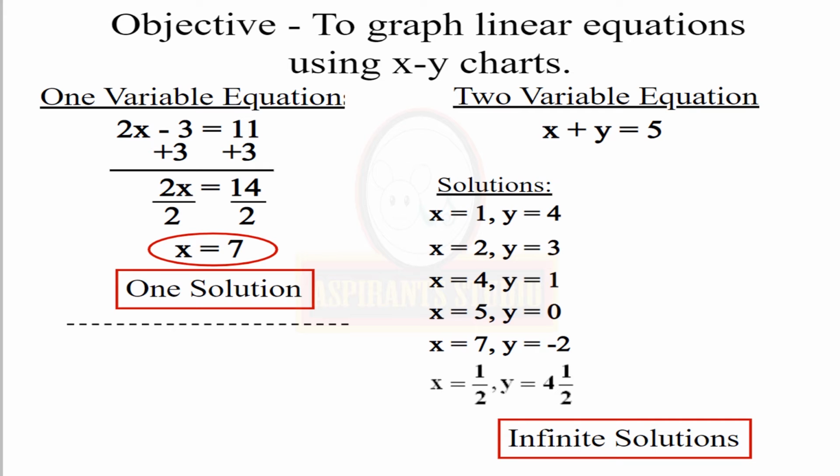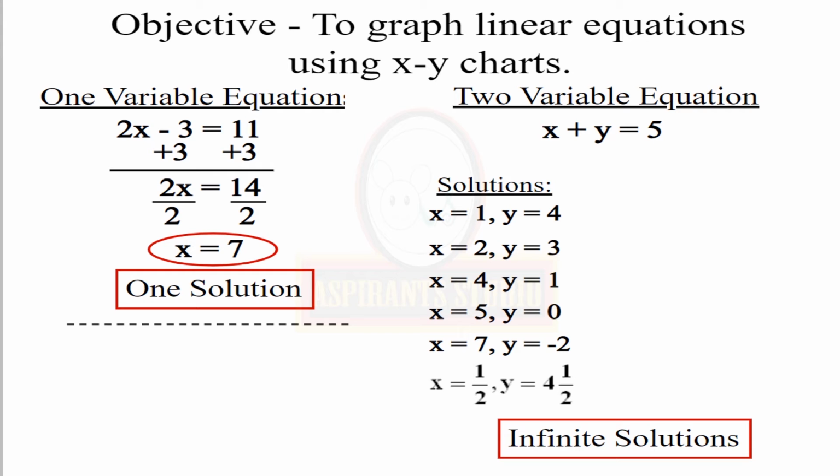Now, to graph linear equations using x-y charts. One variable equation, if you take, for example, 2x minus 3 is equal to 11, when you solve this equation and find out the value of x, you will get only one solution. But if you take a two variable equation like x plus y is equal to 5, you can give different values for x and you will get different values for y.